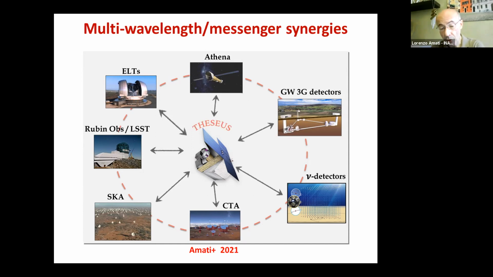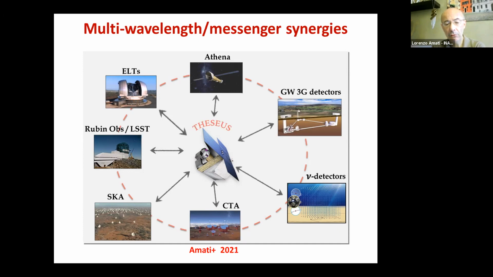I mentioned also neutrino detectors because gamma ray bursts are also expected to be a major source of neutrinos, even if this is still to be demonstrated. It has recently been demonstrated that they also emit very high energy, so TeV photons, but of course for neutrinos there is still no evidence.